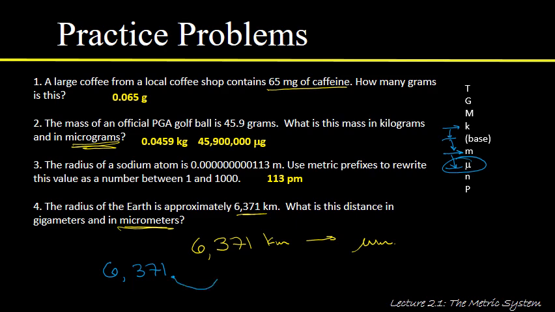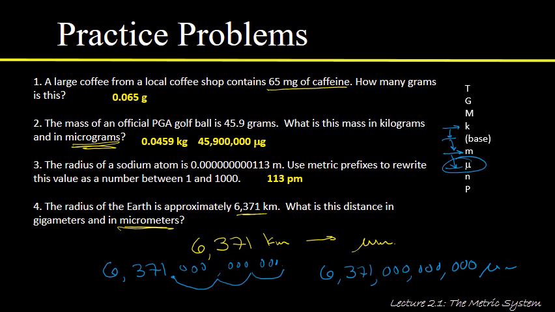Again, I'm going to do it in jumps of 3 this time. 1, 2, 3, 1, 2, 3, 1, 2, 3. So this would be 6, 3, 7, 1, 0, 0, 0, 0, 0, 0, 0, 0, 0. What is that?